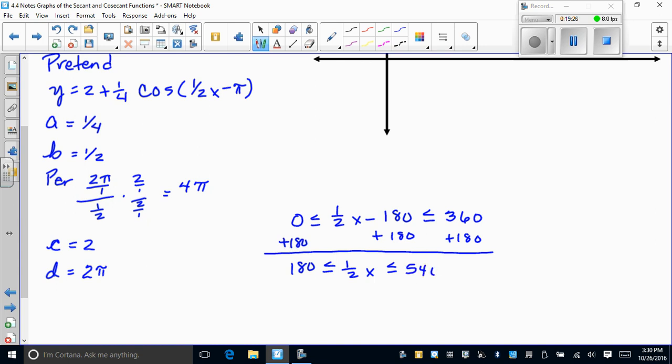And then multiply each of them by 2. I get rid of this 2 here. So the 2's cancel out and we get 360, which is 2 pi, is less than or equal to x, which is less than or equal to 540 times 2. 540 times 2 is 1,080.